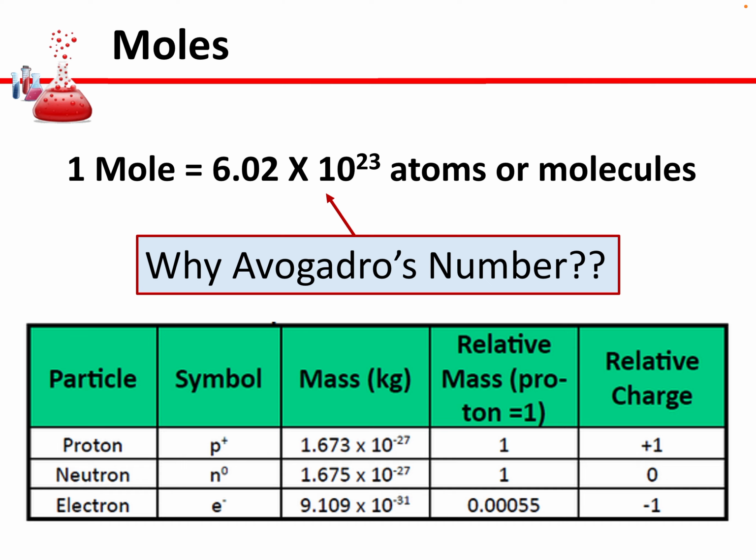So if I measure out that much of the sodium carbonate, how many molecules do I have of it? I have 1 mole, which equals, yes, 6.02 times 10 to the 23rd molecules of sodium carbonate, or compounds of sodium carbonate that are present in that mass of it. All right.